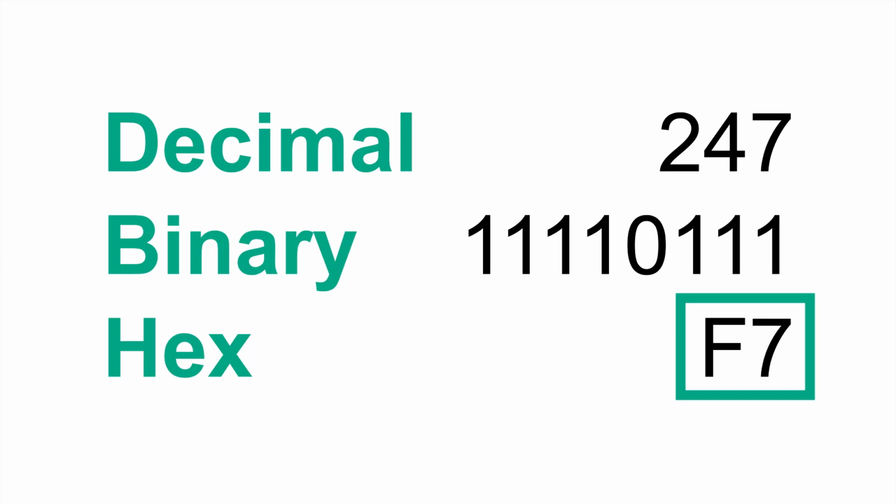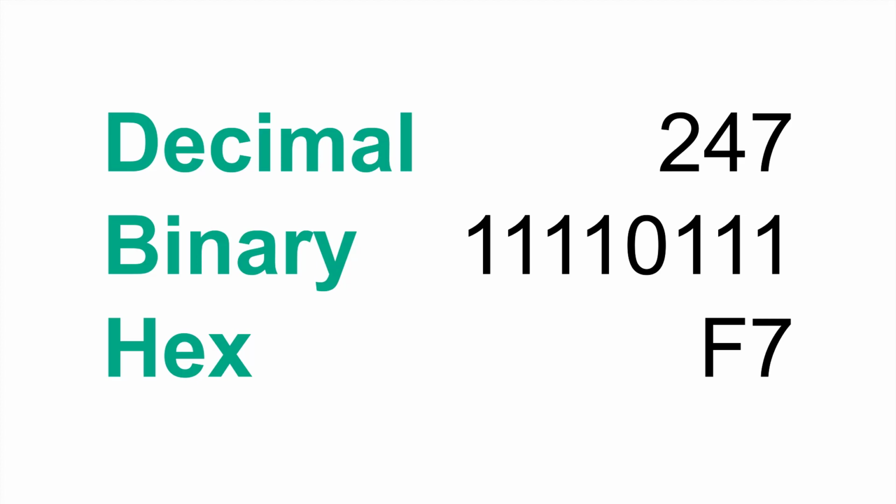And last, the hex system is great because it lets us display large numbers with less digits. And again, our 247 displayed in hex is F7. I can say that I have 247 apples, which is the same as saying I have 11110111 apples, and it's also the same as saying I have F7 apples.